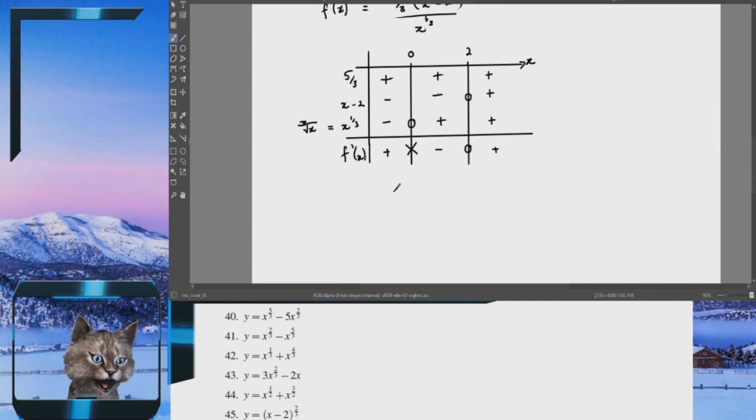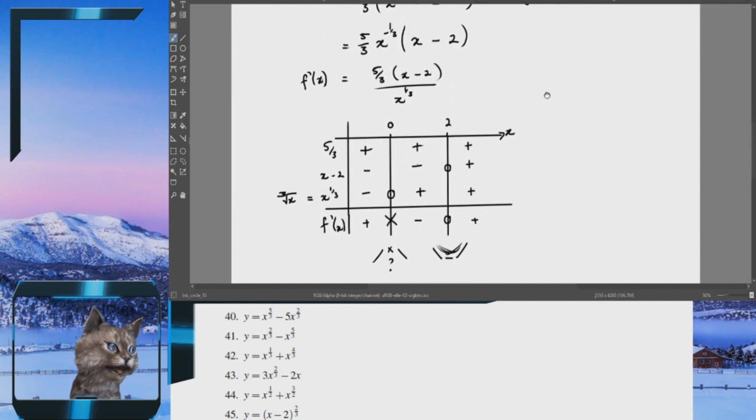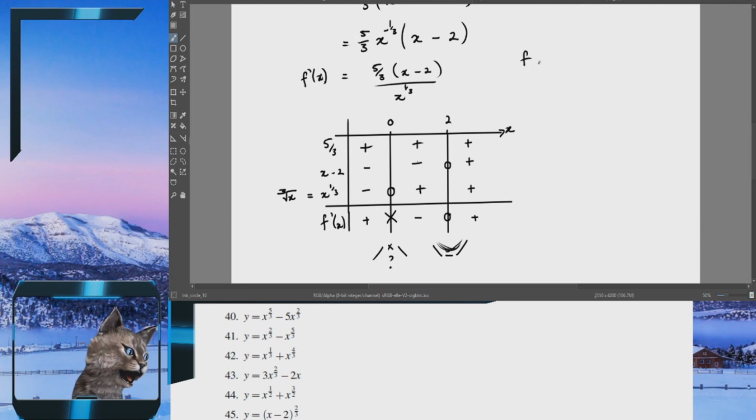So if I now look at my slope lines, I'm going up, bad things are happening, down. I'm going down, horizontal tangent, up. So I have my cup shape here, but who knows what's happening there on the first one. Regardless, I can write my sentences. I'll do it over here.